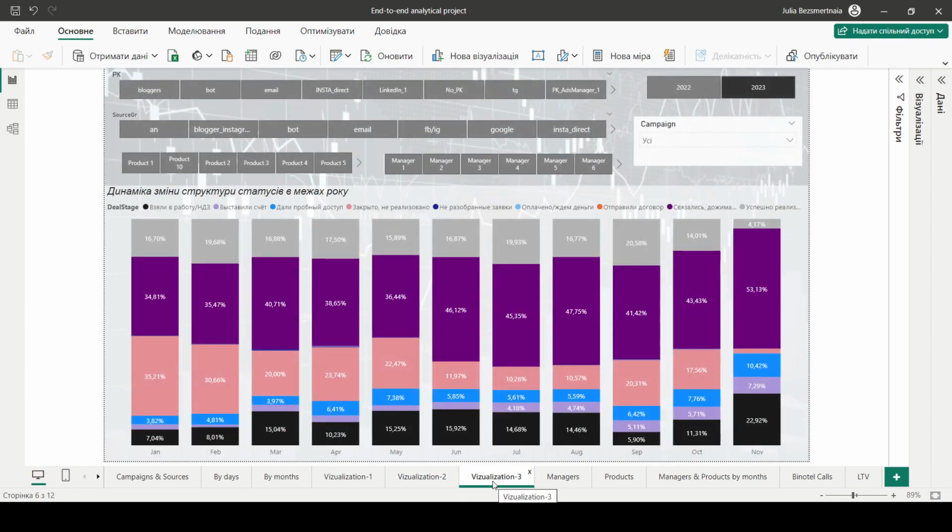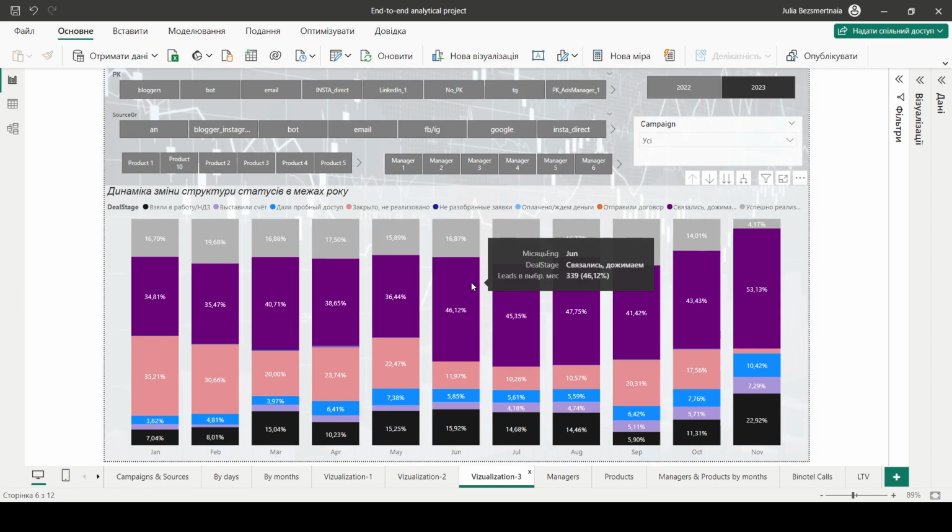Next visualization is the dynamic of structure changes in terms of internal stages in CRM.